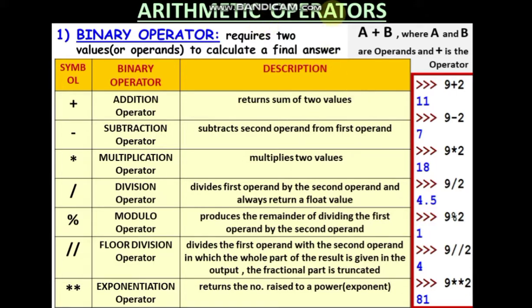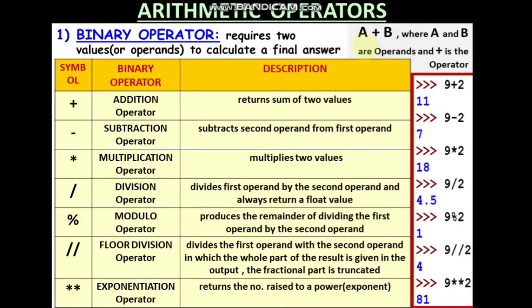Firstly, arithmetic operators and binary operators. So what are binary operators? Binary means, as you know, 2. Bi means 2. So binary operators are those operators which need at least 2 values or 2 objects or 2 operands to calculate a final answer.